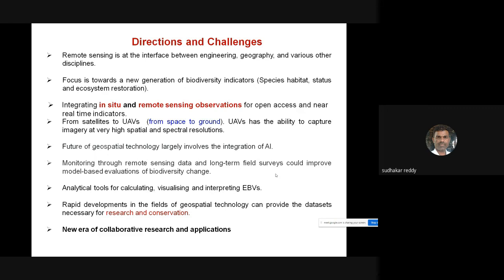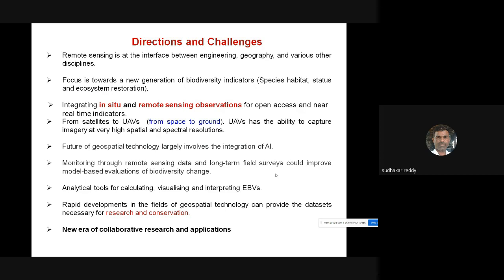Currently, the focus is on the generation of new indicators of biodiversity and metrics that deal with species habitat indices, species status, and ecosystem restoration. And the integration of in situ and remote sensing observations, with open access and free data sets, is helpful in developing near real-time indicators for biodiversity conservation.